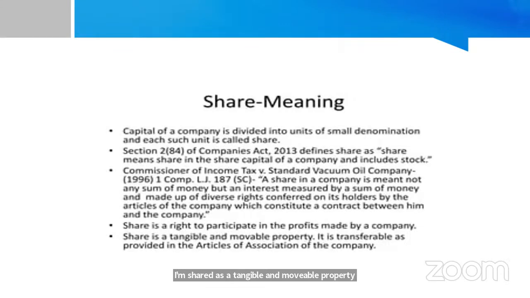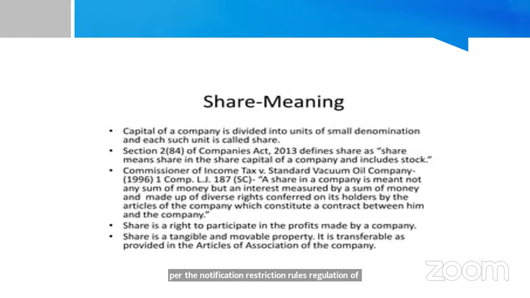Tangible means something that you can see, feel, touch, and it is a movable property. Movable means it can be transferred from one person to another, provided it can be transferred as per the notification, restriction, rules, regulation of the articles of association of the company.